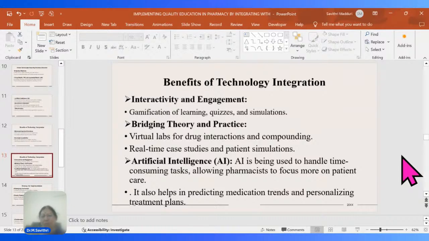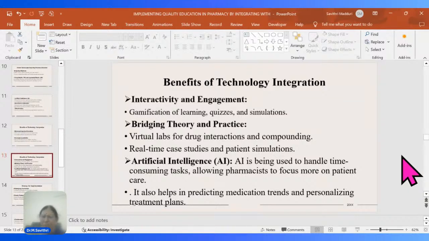Next comes artificial intelligence. AI is being used to handle time-consuming tasks, allowing pharmacists to focus more on patient care. You go to any hospital, they are supposed to maintain so many records, inpatient and outpatient records.